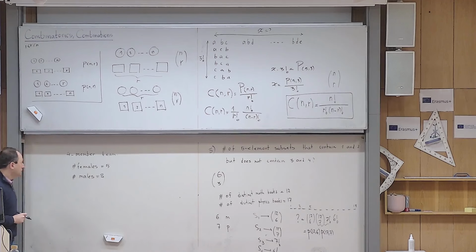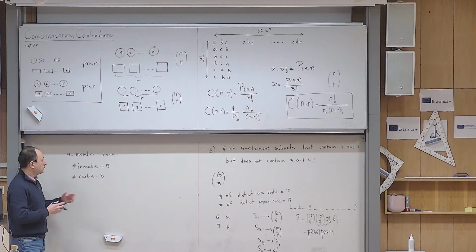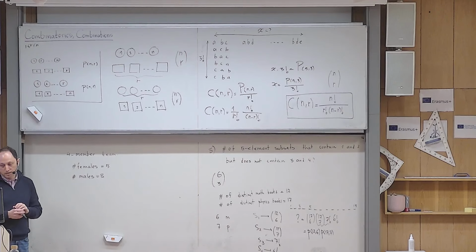Yes? Okay, in how many ways can I set up this team if at most 2 men can be chosen? I want you to think and solve it yourself. So the question is that I have 5 female candidates, 8 male candidates, and I want to set up a team consisting of 4 members, but I have some restrictions. The restriction is that at most 2 men can be chosen.